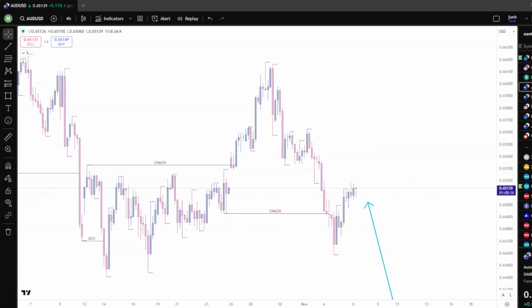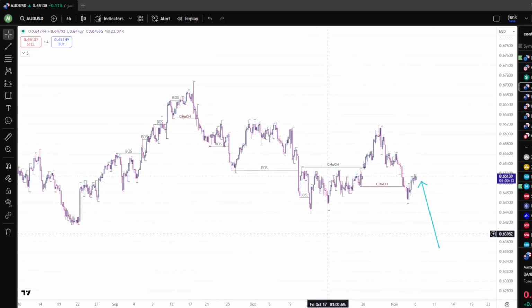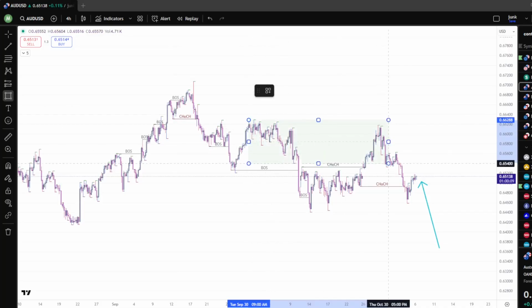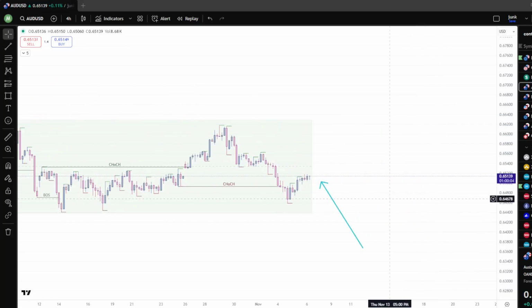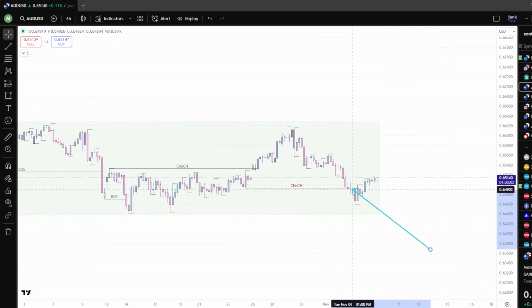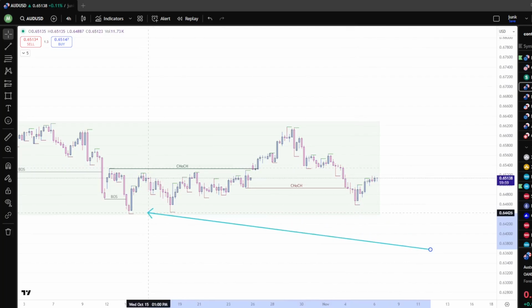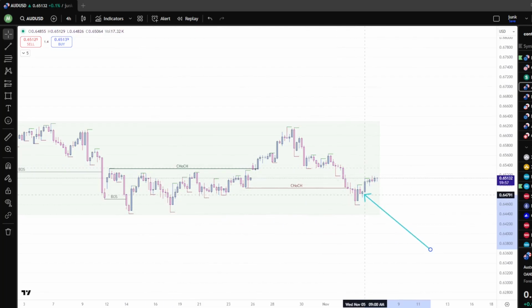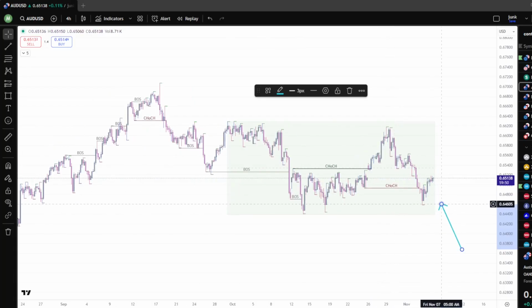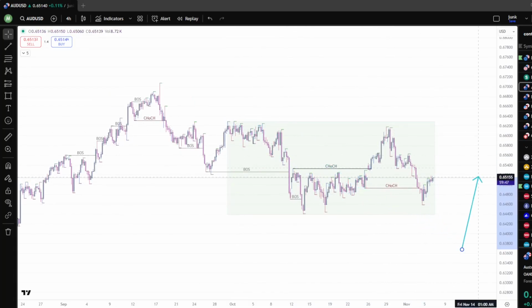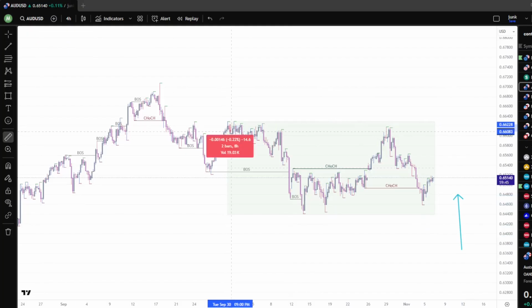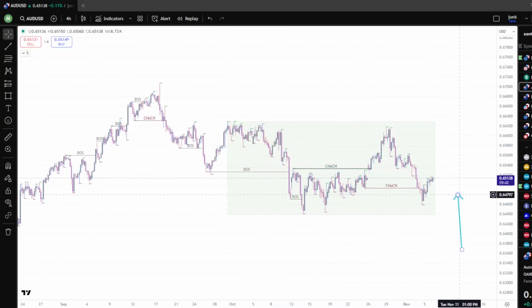AUD USD. Let's go and map out the current range. Of course, a stronger pair than the others. These lows didn't take out these previous lows. So it's reacting from the shift in the DXY. Of course, fractal structure breaking to the upside, but overall bearish locally. Price reacted from this area of supply and continued to push down.